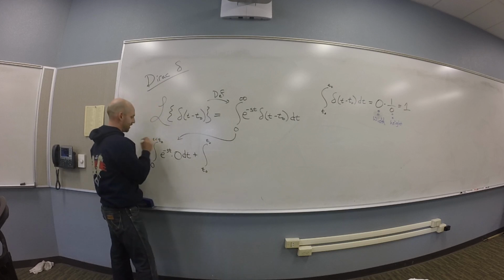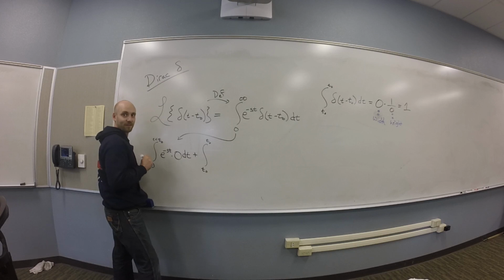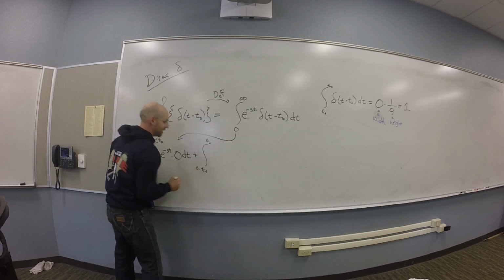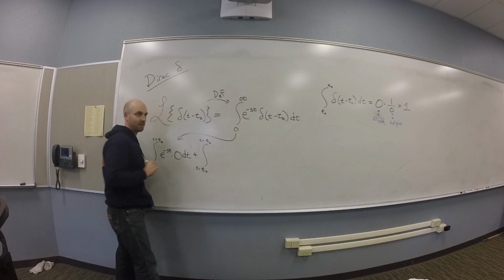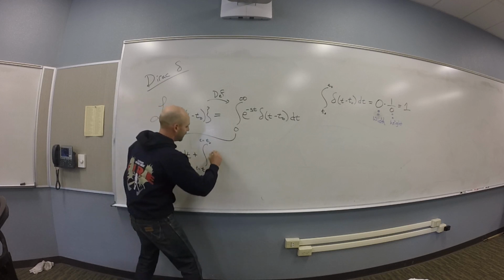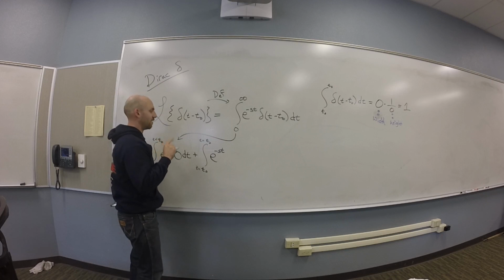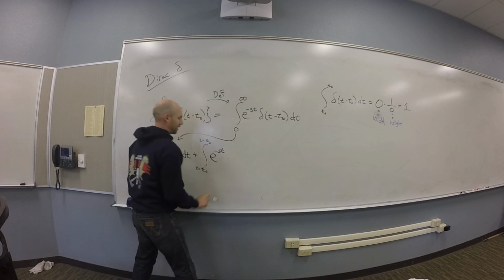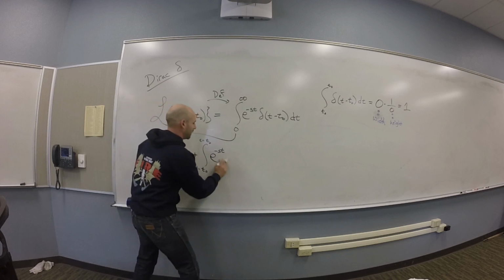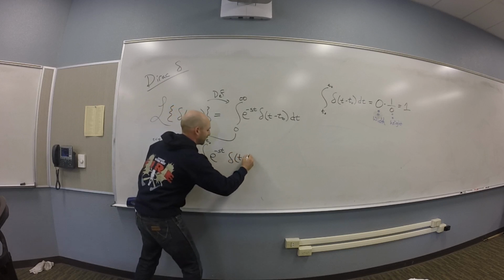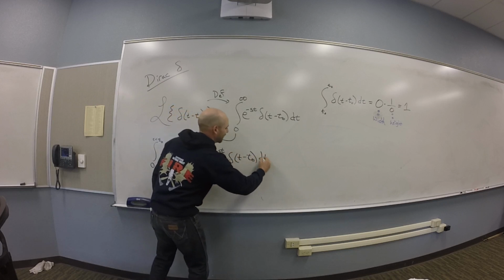This is me thinking t is strictly smaller than t naught. And this is me thinking t equals t naught. And I have an e to the minus st times, I'm going to put a delta of t minus t naught in there for a second.